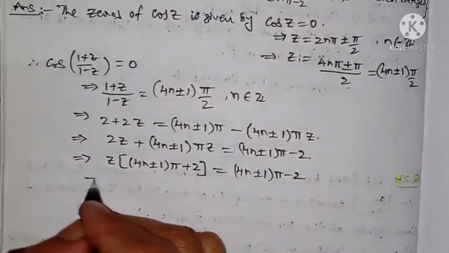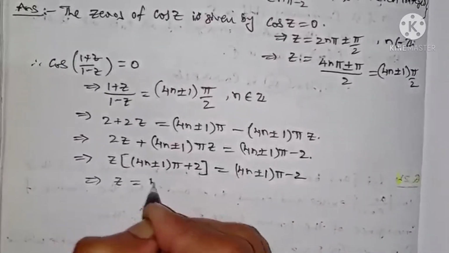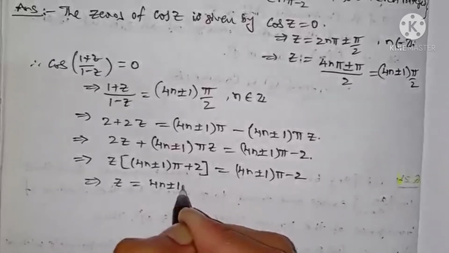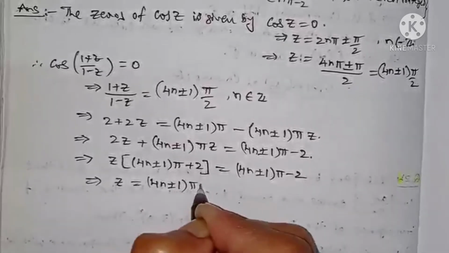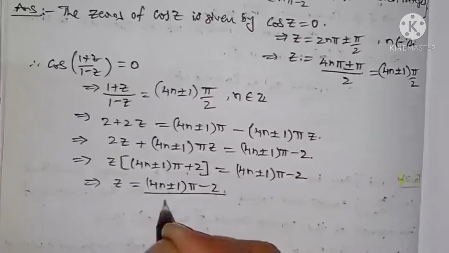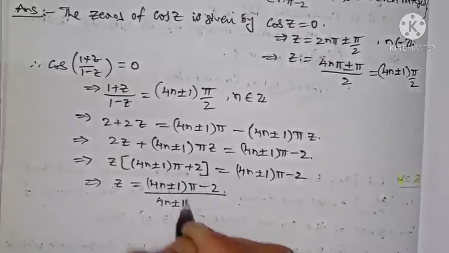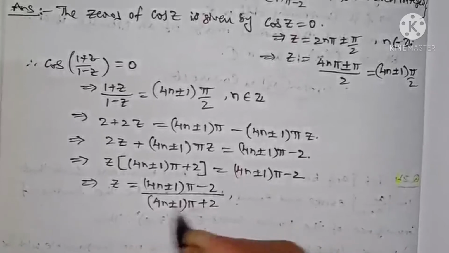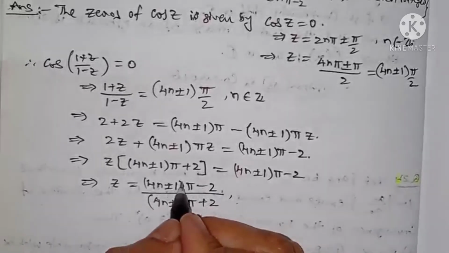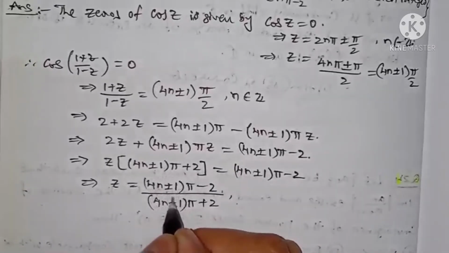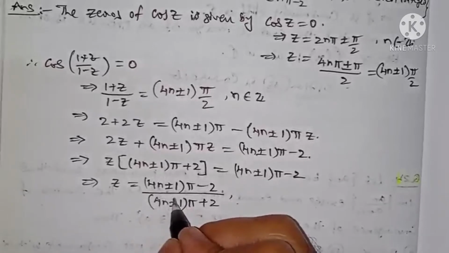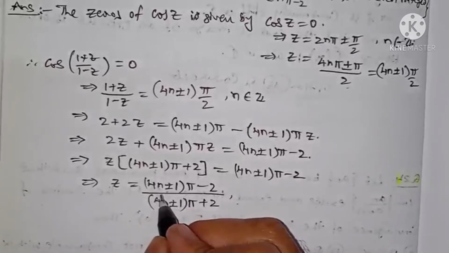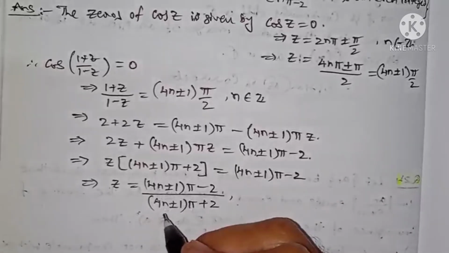So from this we get z is equal to ((4n plus or minus 1) pi minus 2) whole by ((4n plus or minus 1) pi plus 2). Now 4n plus or minus 1 is clearly an odd integer, because 4n plus 1 is an odd integer.